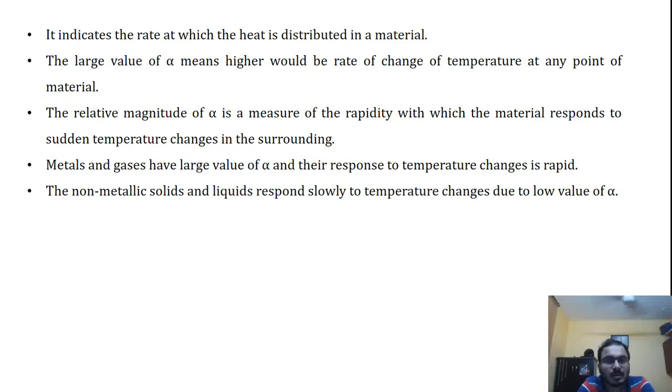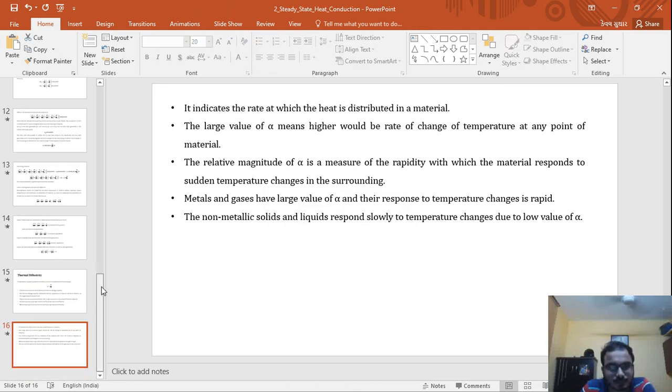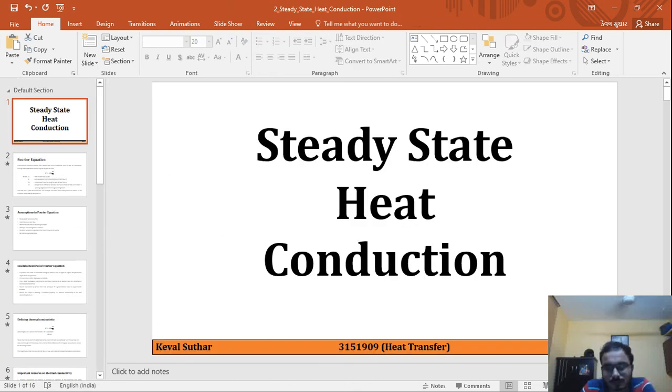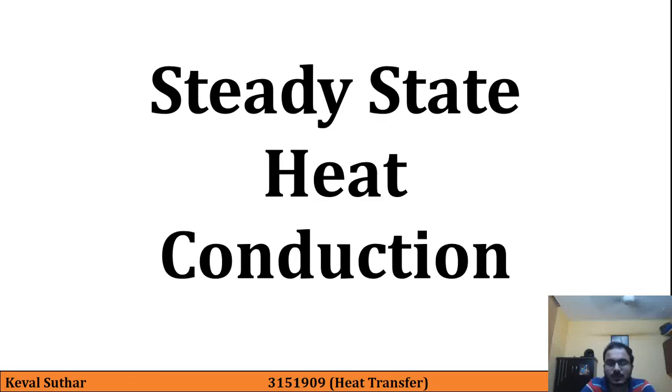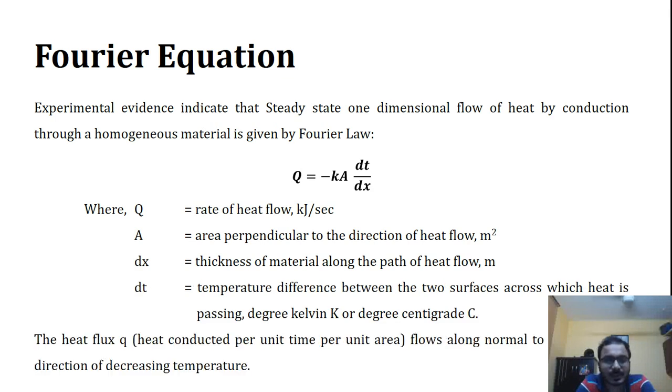So this is the end of this lecture. So we will quickly revisit of what we have studied today. So we have started a new chapter today, steady state heat conduction. We began with Fourier's equation, Q is equal to minus K dt by dx.